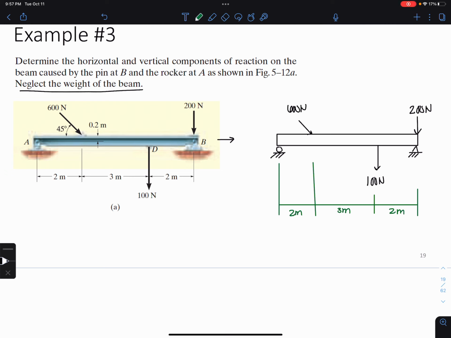Now, what else? I have that the thickness of the member is 0.2. And I think I have everything on here now.